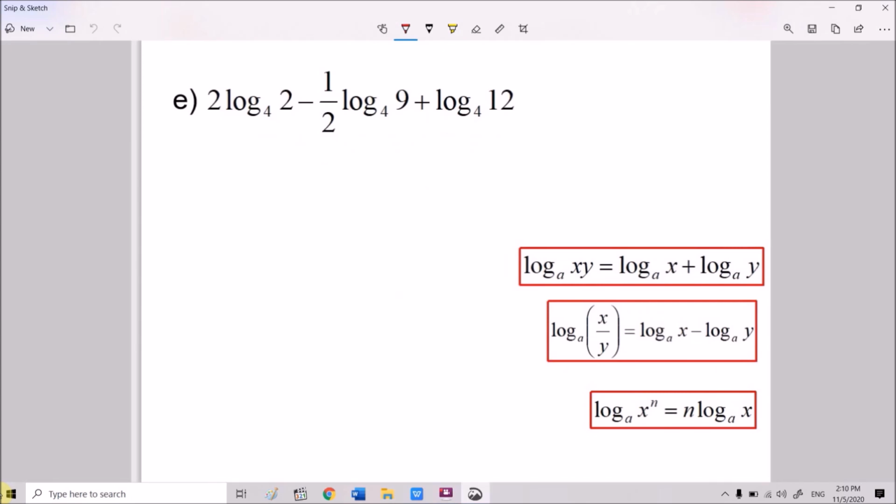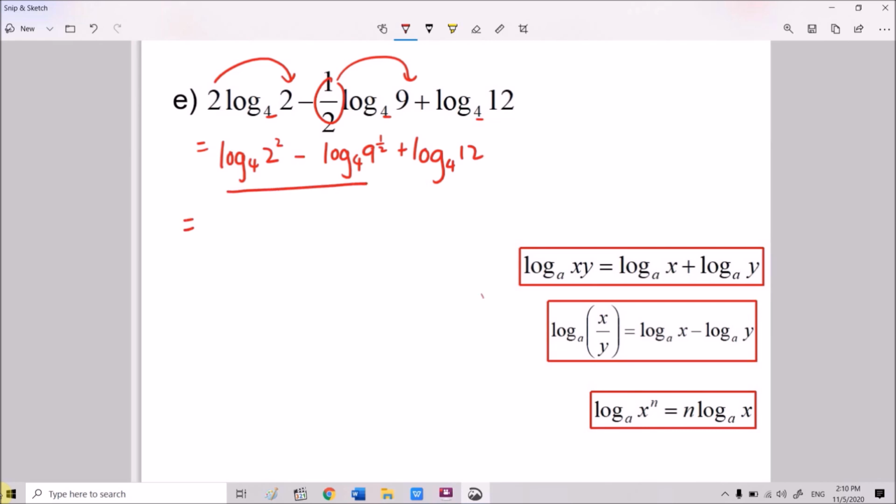So now we have this again. Since all of them have the same base, we can use the law here to help us. But we need to move the 2 to the front, and we need to move the 1 over 2 in the front. It becomes a power. So you have log base 4 of 2 to the power of 2 minus log base 4 of 9 to the power of 1 over 2 plus log base 4 of 12.